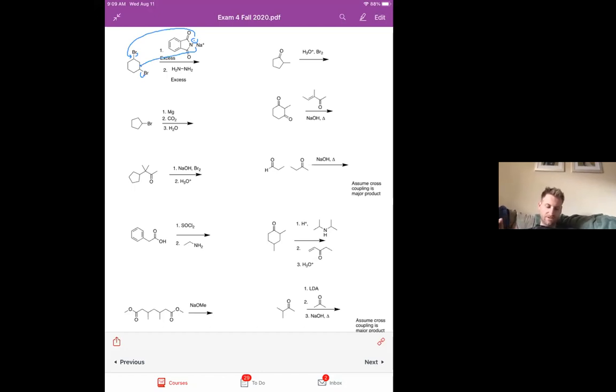I'm not going to draw out that giant compound. From there, our hydrazine can come in to kick out the rest of the skeleton and just give us nitrogens in those positions. So this is going to let us generate a diamine, where NH2 replaced that Br there.